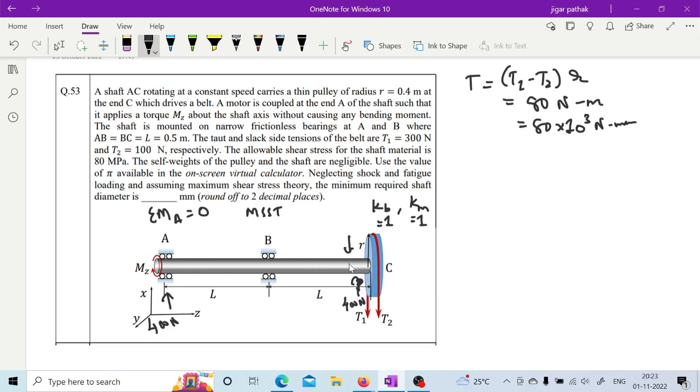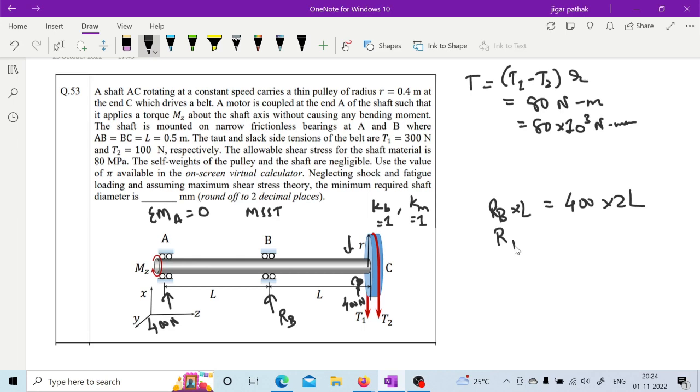So once you have that torque acting, and the reactions at both ends, you consider sigma of moment about A equal to 0, and then you can calculate the reaction at B. So RB into L is equal to 400 into 2L.